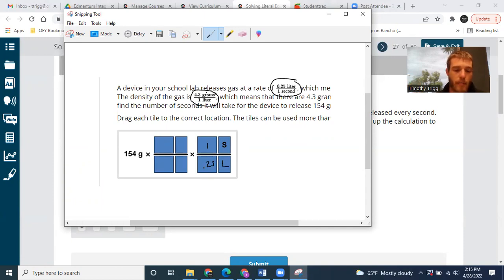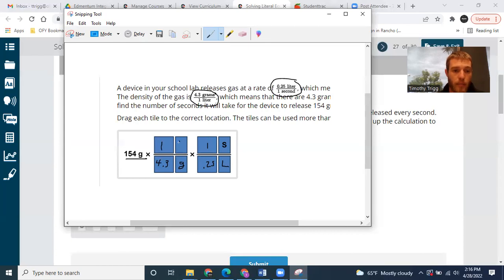Now the other fraction here is 4.3 grams per liter. Should I put it like that, 4.3 grams per 1 liter? Or should I put 1 liter, 4.3 grams? Well, I want my grams to cancel so that I don't have grams anymore. I want to be left with just seconds. So that means I want to put my 4.3 grams down here. That way it'll cancel. This one is basically a numerator, and I want it to cancel with a denominator.